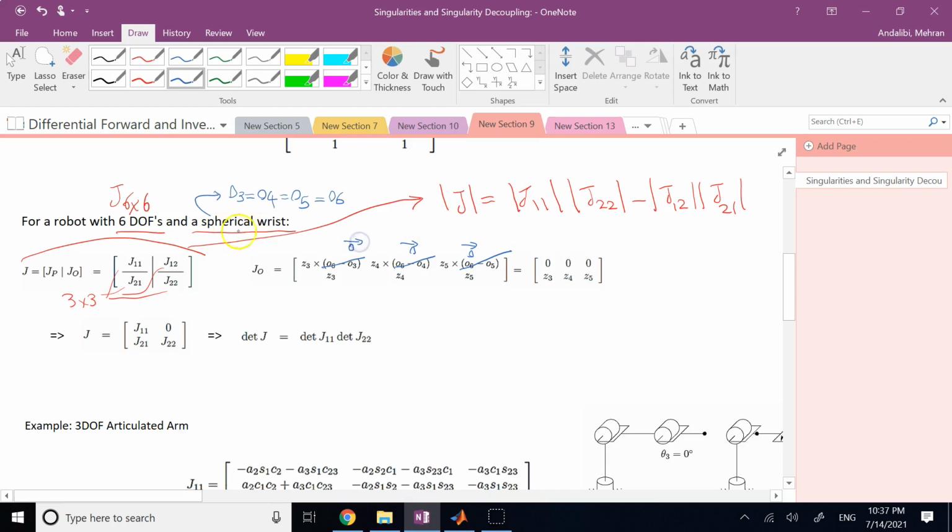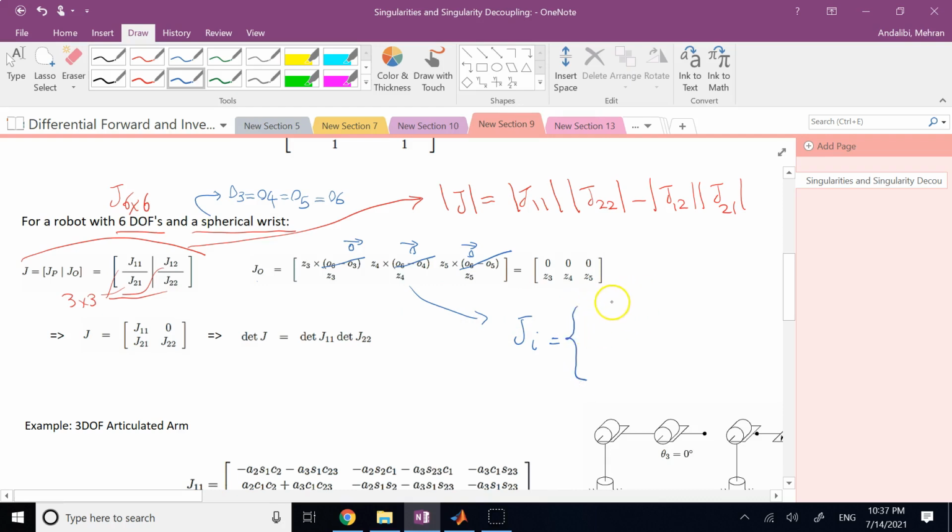Well, remember, when it's a spherical wrist, it means the last three joints are what? Yes, all rotary joints. And if you remember, when we talked about the Jacobian, I said if a joint is rotary, the column of the J matrix associated with that rotary joint, Ji, is what?